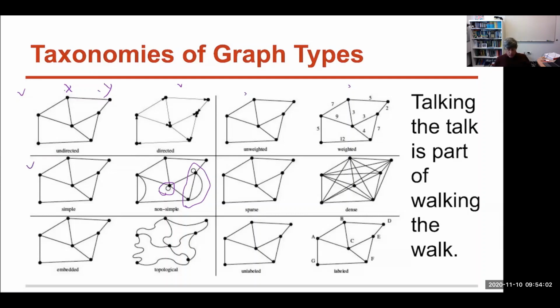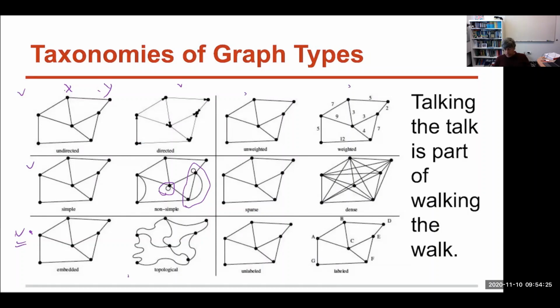Sometimes we have graphs with an inherent drawing, like a road network. If the junctions represent street corners, every street corner has a place on the globe. Sometimes they come with this kind of embedding, sometimes they don't.